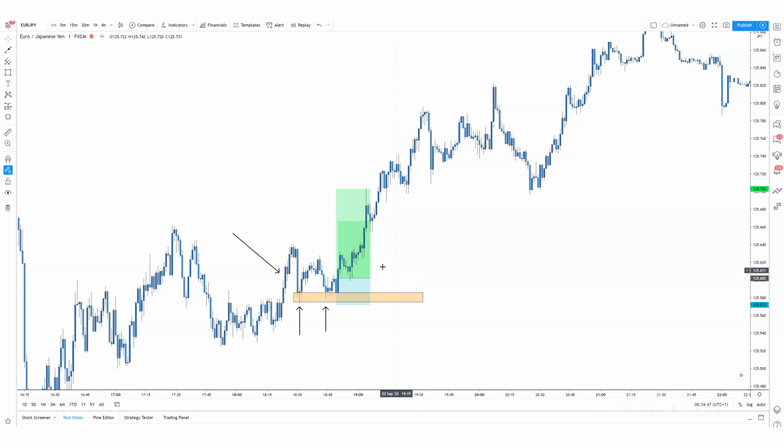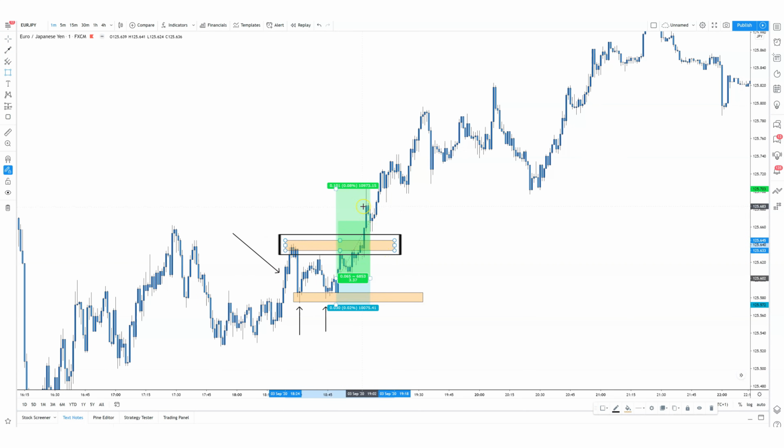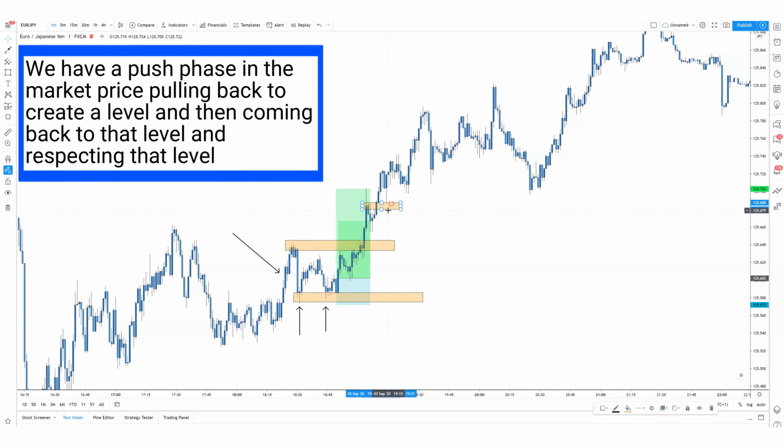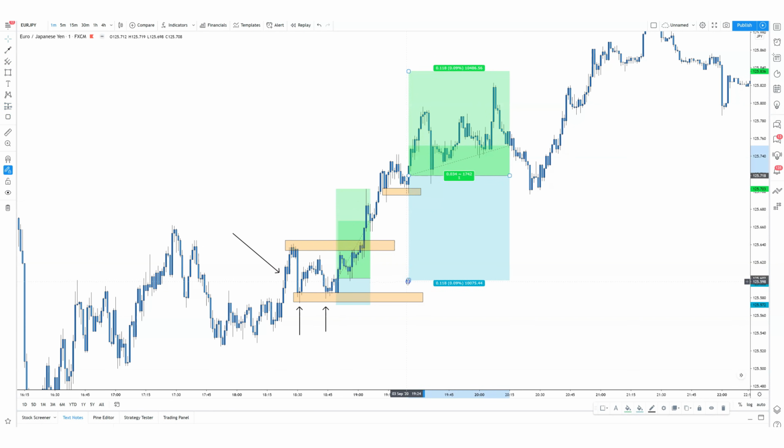We'll continue to look at these examples, and as you can see here, we have price taking out these highs, taking out these highs, and what do we have? Well, we have a push phase in the market, price pulling back to create a level, and then coming back to that level and respecting that level. Here again, how could you take this trade? Well, with a buy stop, bullish engulfings, pin bars, whatever it may be that you want to go for with this trade is entirely up to you.